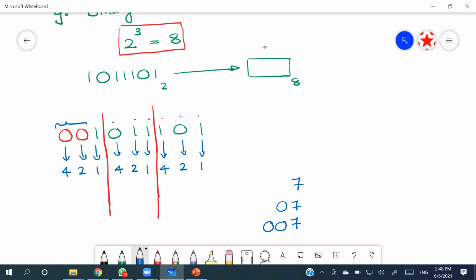I wrote that to indicate where these three were broken. If you don't want, you can omit that, but for the last one you can take just one digit. No problem. If you do it this way, you will have a pattern to follow. Right? Every group has place values 1 2 4, 1 2 4, 1 2 4. Got it?